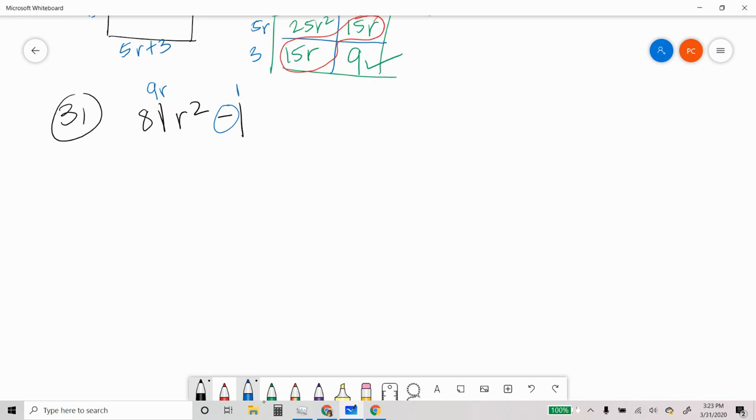So now we have two perfect squares here, and they are separated by subtraction, so that's a difference of two squares. A difference of two squares factors to equal the product, meaning multiplication, of a sum and a difference. And we would be doing 9r plus 1 and 9r minus 1.